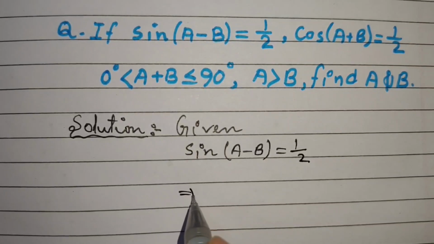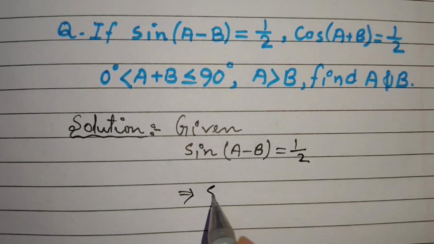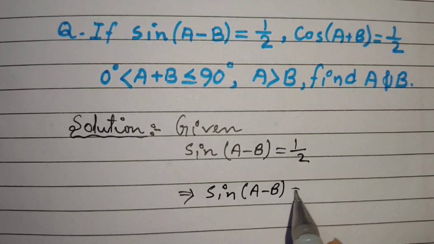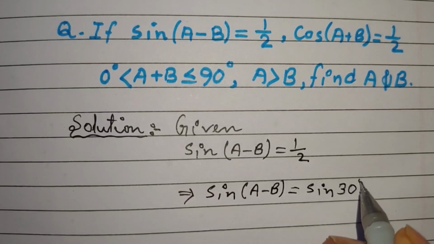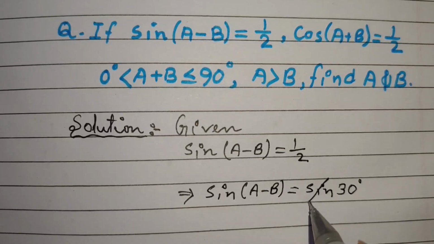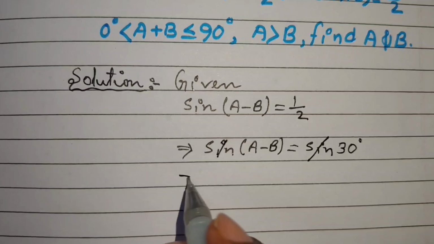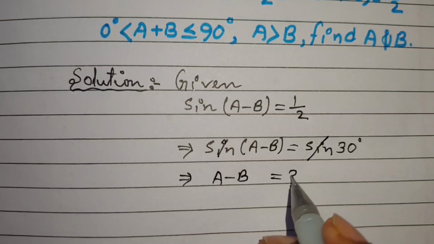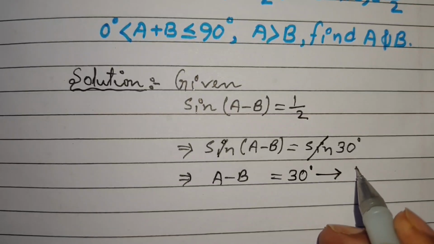So we can write this as, implies sine of a minus b is equal to, we know that sine of 30 degree is equal to 1 by 2, so instead of half we can write sine of 30 degree. Sine cancel, so here a minus b is equal to 30 degree. This is equation number 1.